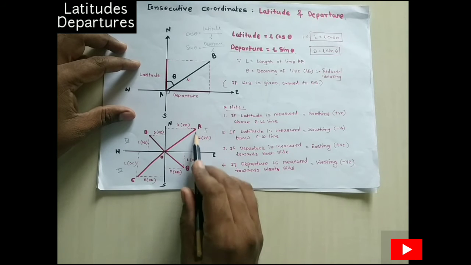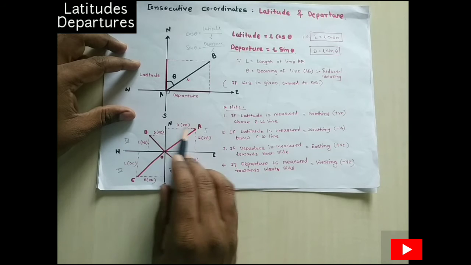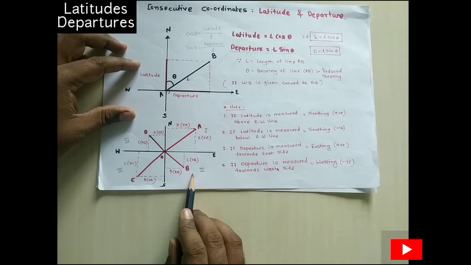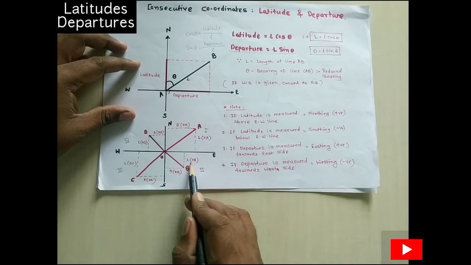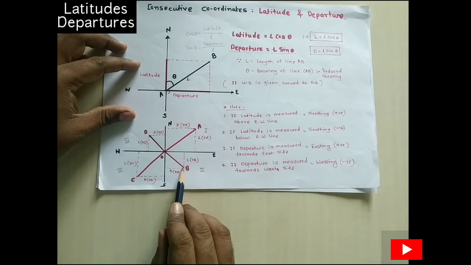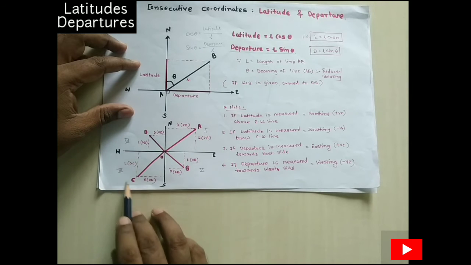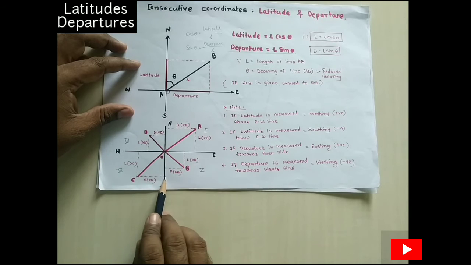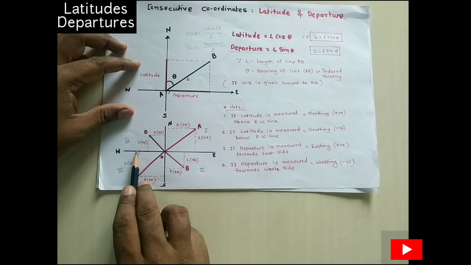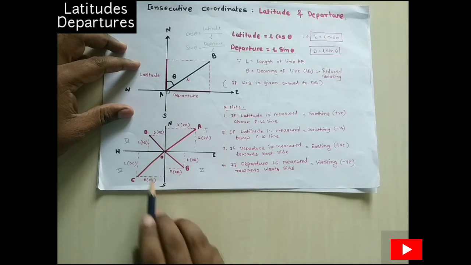So here this line becomes the latitude of OA and this length becomes the departure of OA. Similarly in the second quadrant, this is the latitude of OB, and this horizontal line is the departure of OB. You can refer the same for OC and OD: this is the departure of OC, this is the latitude of OC, and again for OD, latitude and departure.